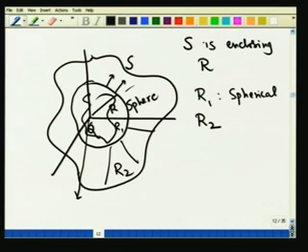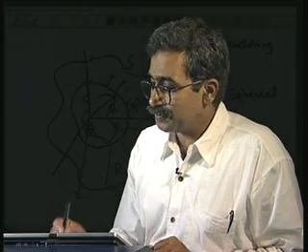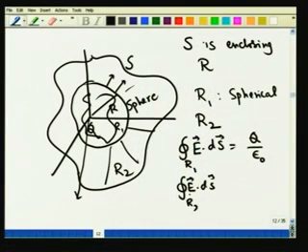Now, let us look at the electric field in the region R1 and in the region R2. I know what integral E dot dS in the region R1 is. Integral D dot dS in the region R1 is nothing but q by epsilon naught. What is integral E dot dS in the region R2? Well, you might not know how to evaluate the surface integral, but so what?